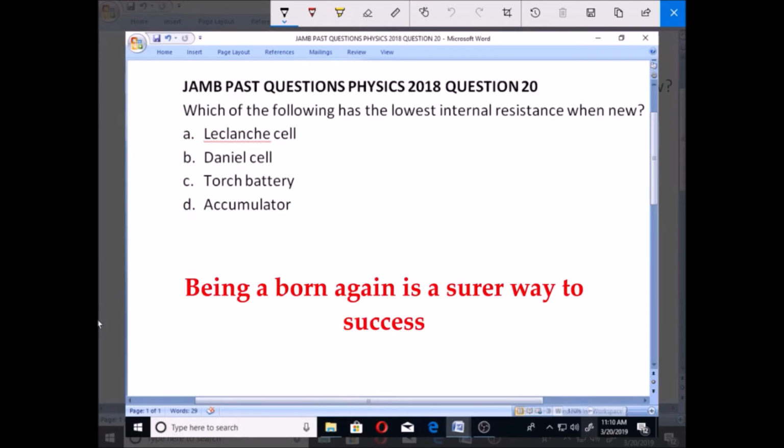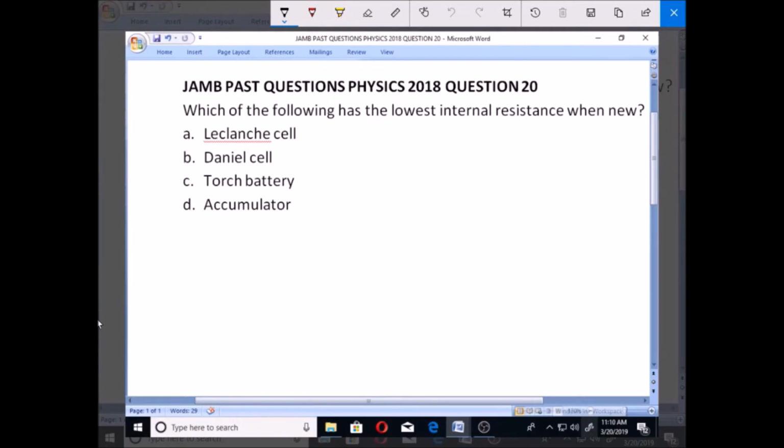Now, for us to be able to appreciate this question very well, we need to first of all note what internal resistance is. Whenever you're talking about batteries or cells, you talk about internal resistance, small letter r, as against the normal resistance, big letter R. So what is internal resistance?